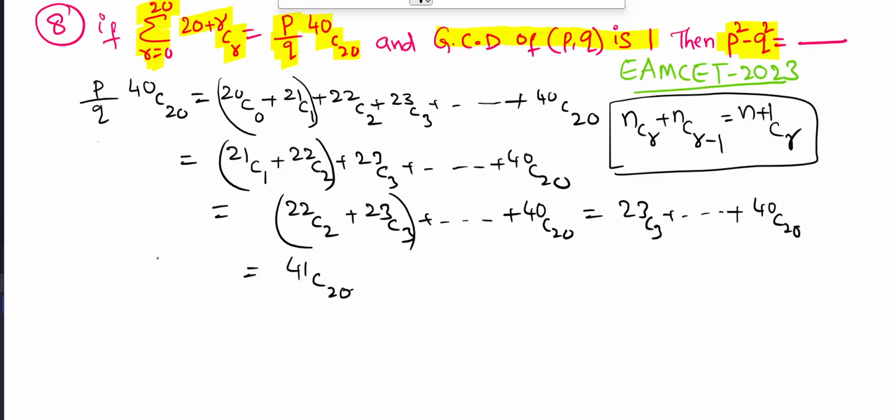This is P by Q into 40C20 is equal to 41C20. This value is 41 factorial by 41 minus 20, this is 21 factorial into 20 factorial.